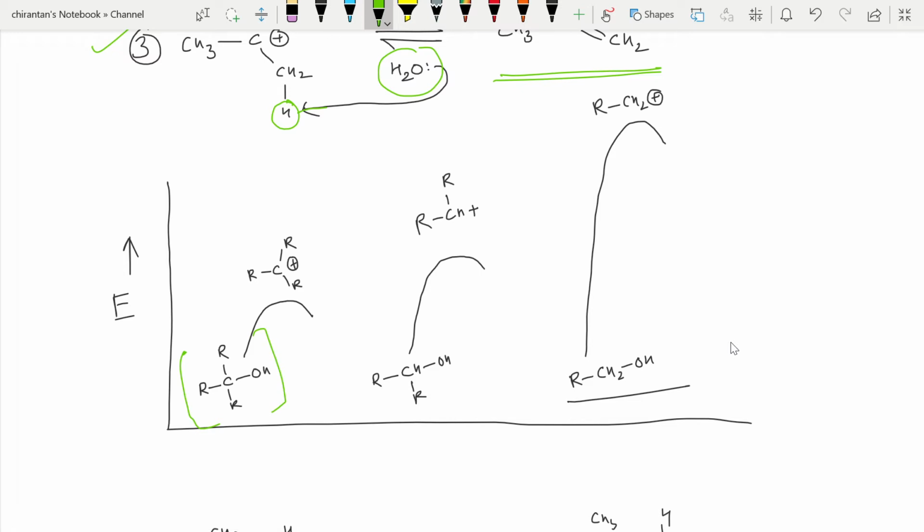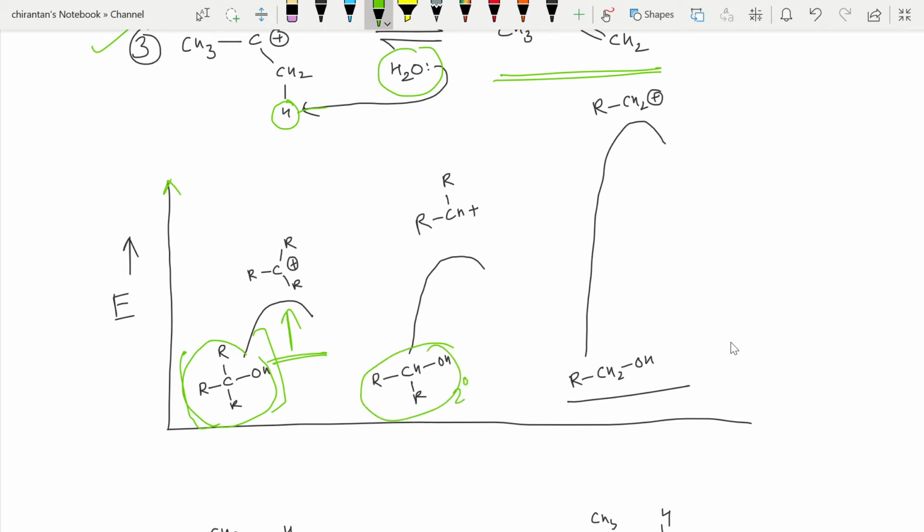If we check the energy profile of these three kinds of carbocation, we will see that a very small amount of energy is needed to form a tertiary carbocation from tertiary butyl alcohol or any kind of tertiary alcohol, or 3-degree alcohol. Whereas in the case of 2-degree alcohols, a little bit more energy is needed to form the corresponding carbocation.